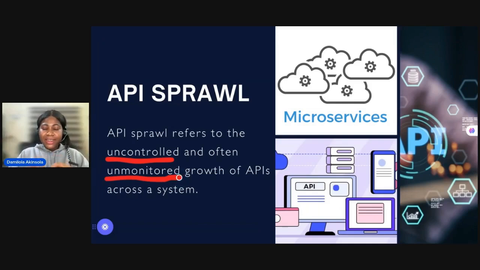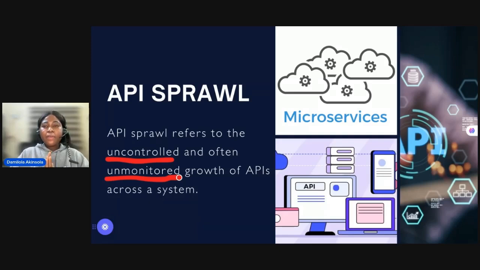Does this mean you can't have a growing API ecosystem? No, that's not what it means. If you have an API ecosystem that you can't control anymore, or you have no way to monitor its growth, then it can be said you have API sprawl.